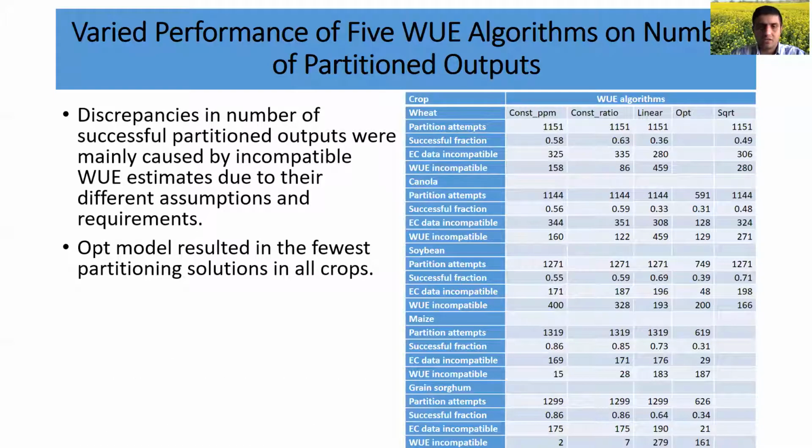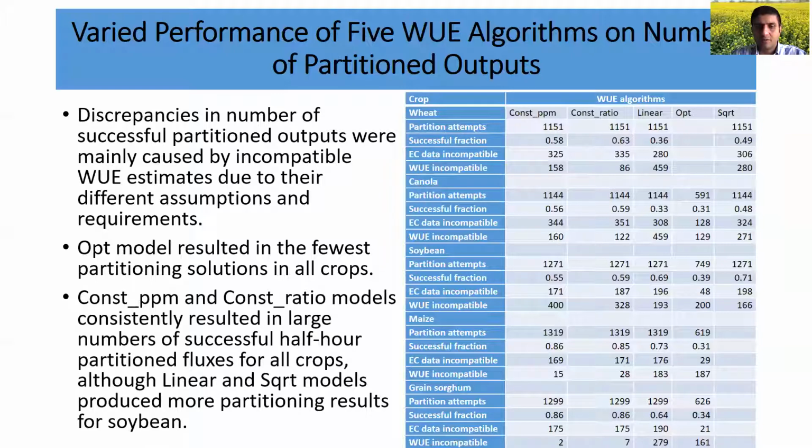As you see in the table, there's a breakdown of everything there for these 5 algorithms. The optimum model resulted in the fewest partitioning solutions in all crops. Constant ppm and constant ratio models consistently resulted in a large number of successful half-hourly partitioned fluxes for all crops except soybean. In soybean, linear and square root models produced more partitioning results.